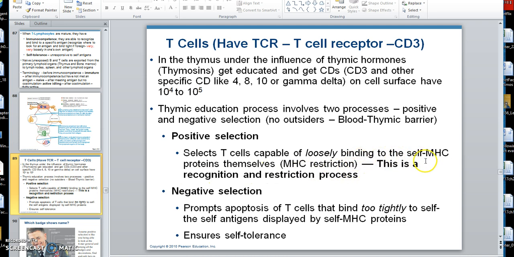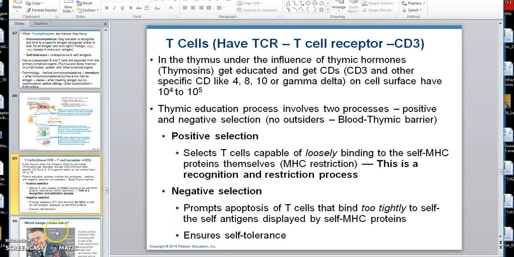The cell has a lot of badges, but you're looking for the proper badges. Cells will have badges to say you're a liver cell, kidney, and so on. That's not the one you're looking for. That's why they call this an MHC restriction, to only look at that.